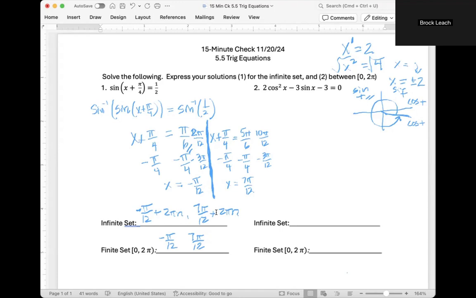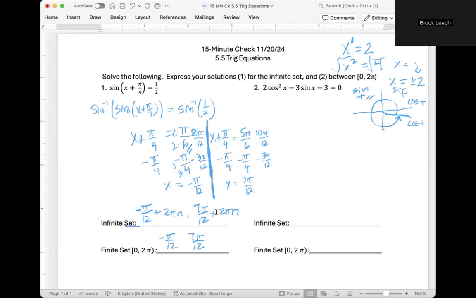Multiply the top and the bottom by 3, right? And then multiply the top and the bottom here by 2 to get 12. Yes, but the x plus pi over 4, shouldn't you be doing the same for that one or no?